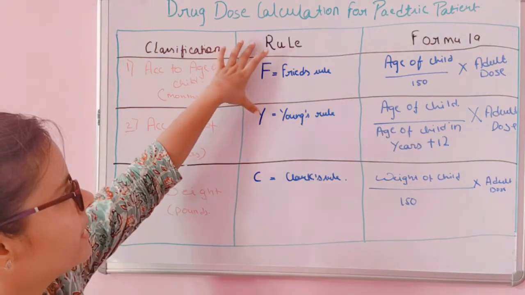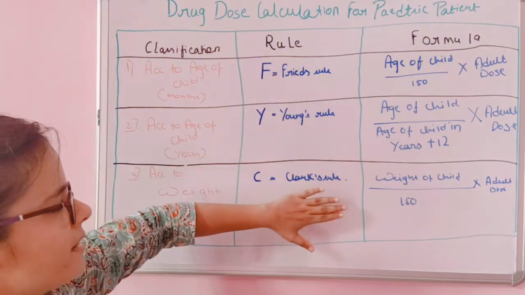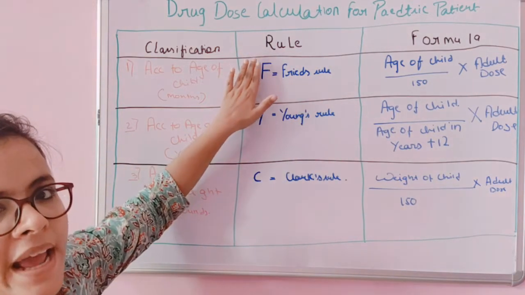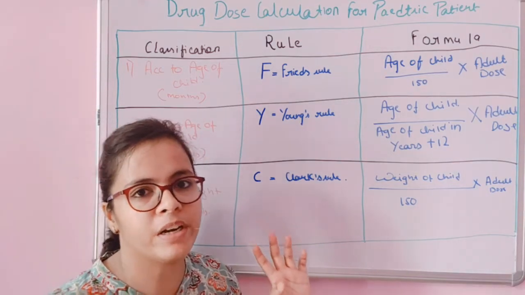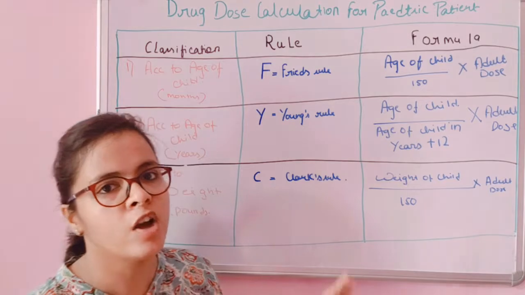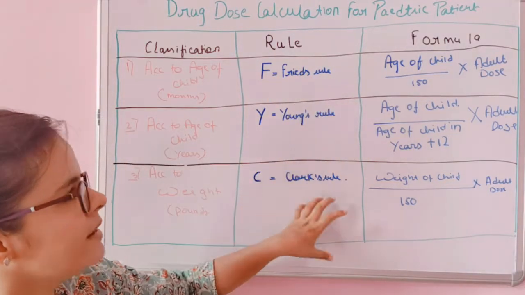So basically there are 3 rules: Fried's rule, Young's rule and Clark's rule. I have written FYC over here as a mnemonic because you can remember it like KYC in a bank. From that you can remember FYC: Fried's, Young's and Clark's rules.